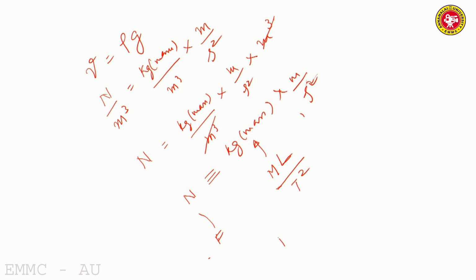So the dimension of any force quantity can be expressed in the MLT system as F is equal to M L T power minus 2.